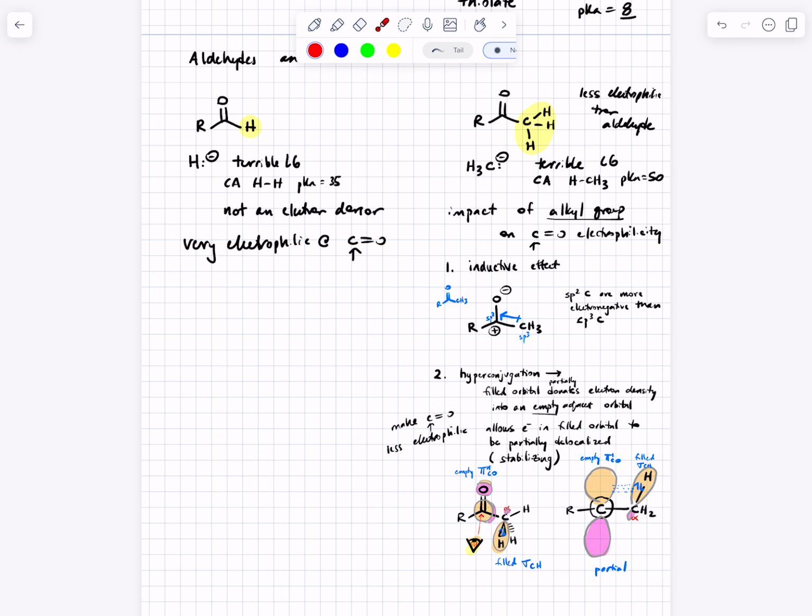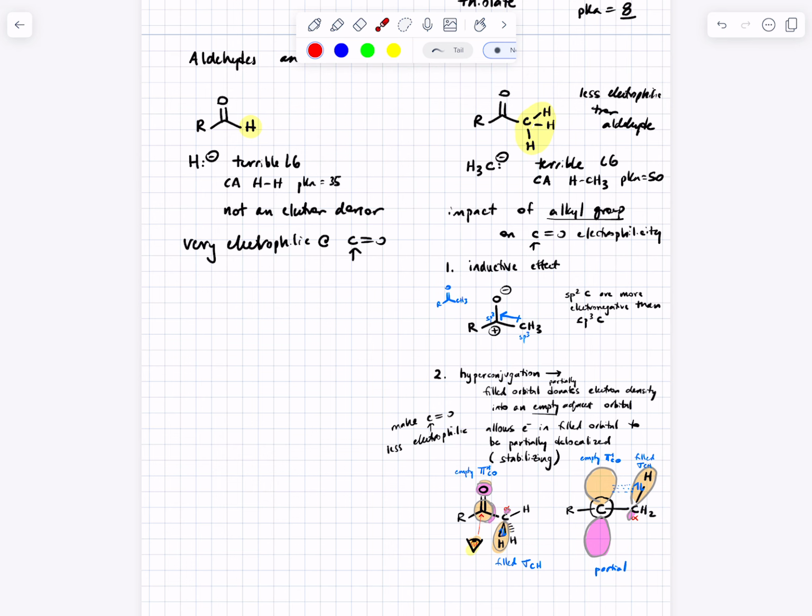Yep, other hand. Yeah. So, just a little confused. If the CH bond is lower in energy, then technically it would be stronger, right? So the question is, if the CH bond is lower in energy, would it be stronger? Well, what we're doing with hyperconjugation is taking a step away from the idea that the only way to think about electrons is two electrons in a bond shared between two atoms.